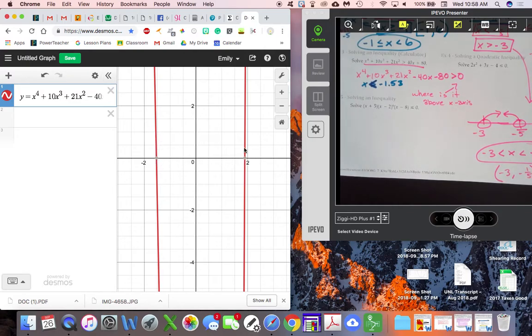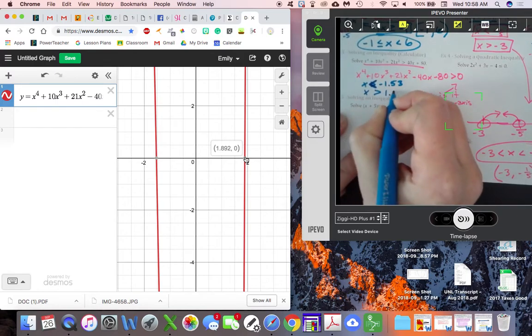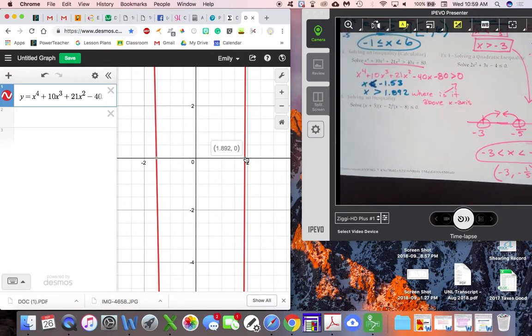Now these ones over here, since it's veering off to the right side, I want x's that are greater than 1.892. X has to be greater than 1.892. You can see how that works? Okay, veering off to these sides. These x's over here are greater than 1.892. These x's are less than negative 1.53. Yeah, and that's where my y values are positive, or my y values are greater than 0.